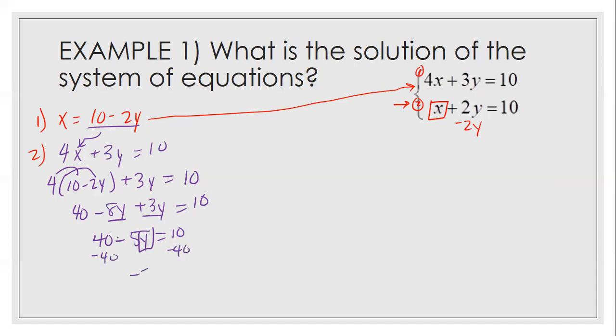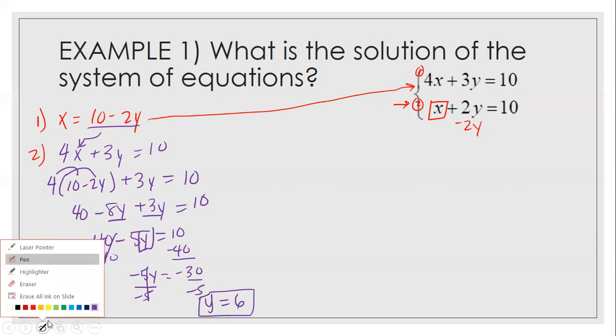And I get negative 5y equals negative 30. Divide by negative 5. And y equals 6. Okay. So we've got y equals 6.